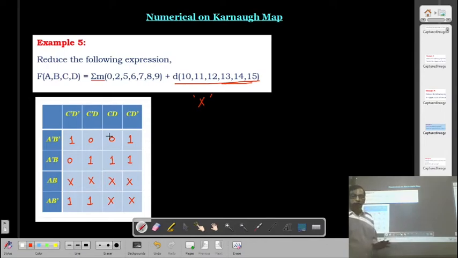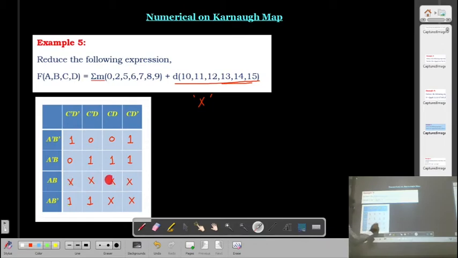Now I already mentioned that whatever cross is there, you can consider as a high level or a low level if they are a part of an octet, quad or a pair. Okay? So here if we look at this Karnaugh map, you can see we have two high levels here, another high level is there. Now the cross is there.